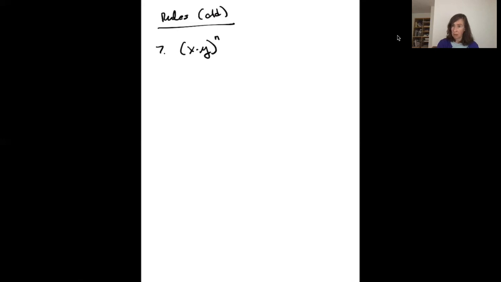So a single exponent, 2 different bases. This is just the associative rule of multiplication. It says that when we're multiplying a whole bunch of things together, we can group them any way we want. So we can multiply x and y together and raise it to the nth power, or if we'd rather, raise x to the nth power and multiply it by y to the nth power. So this is a kind of straightforward distributive property.